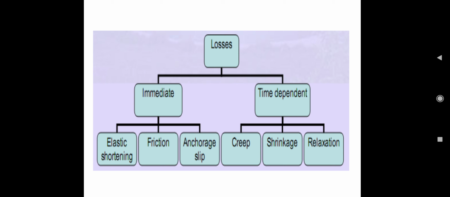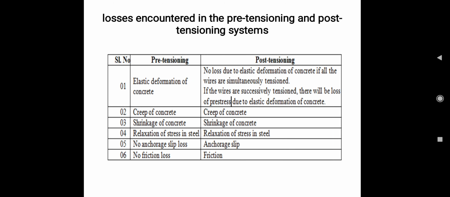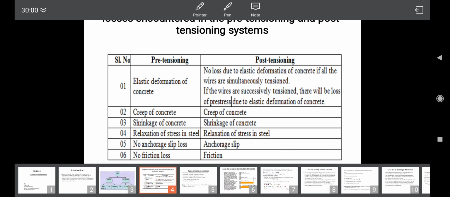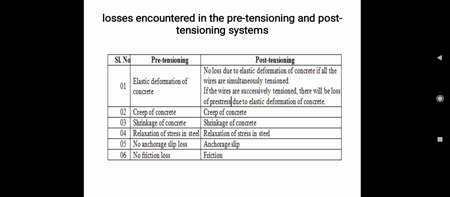Now let us see one by one what is elastic shortening, what is friction, what is anchorage slip, what is creep, what is shrinkage and relaxation of steel. Before that, let us see what are the different types of losses that will occur in a pre-tensioning member and a post-tensioning member. You have studied this in your module 1.